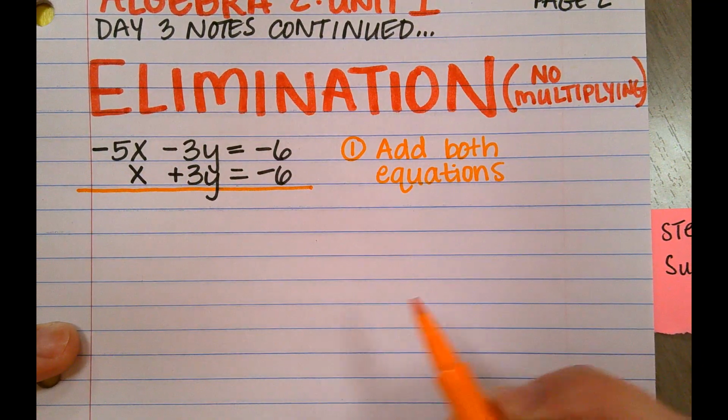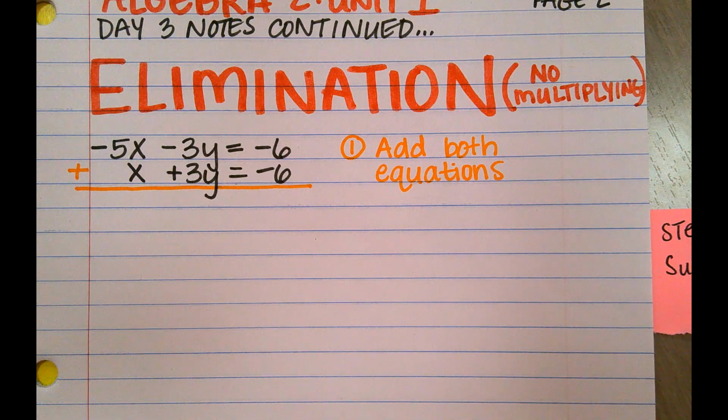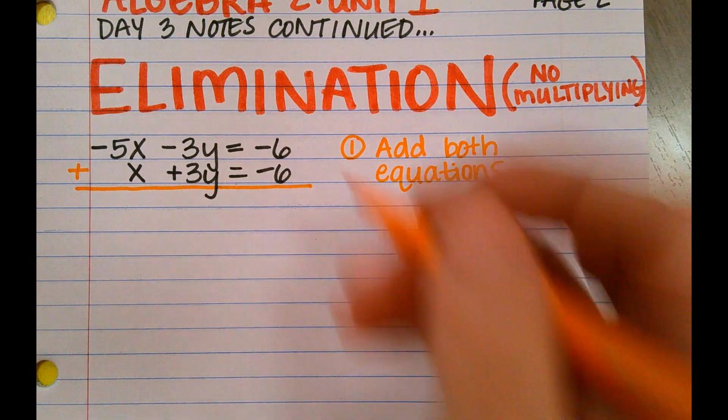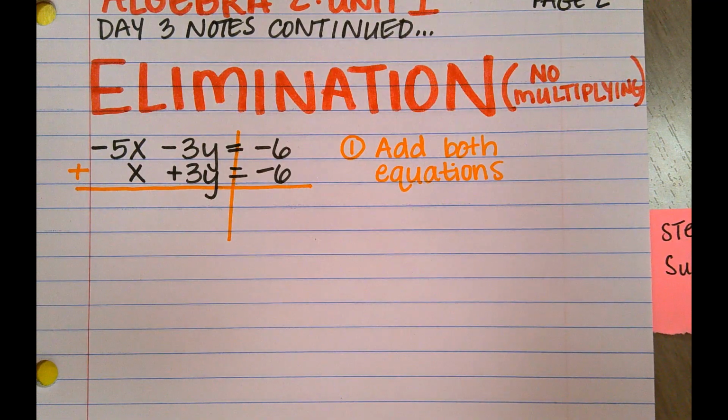A line here, putting a little plus sign, and we will start with the x's, then the y's, keep the equal sign where it is, and then we'll do our non-variable terms. So that's step 1. We're going to add both of our equations together.